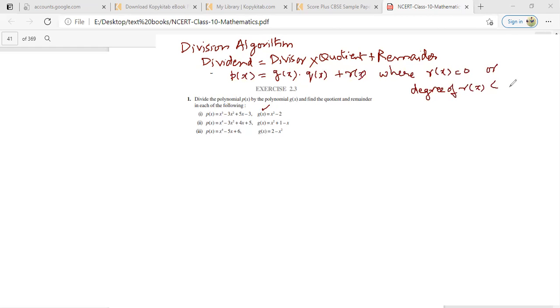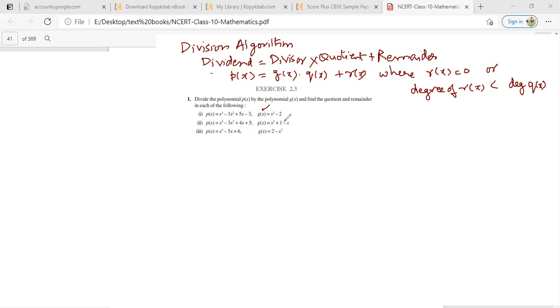So the degree of Rx should always be less than the degree of quotient. So we will divide till the degree of Rx becomes less than the degree of quotient. When we are dividing, we have to go till the degree of Rx becomes less than the degree of quotient.